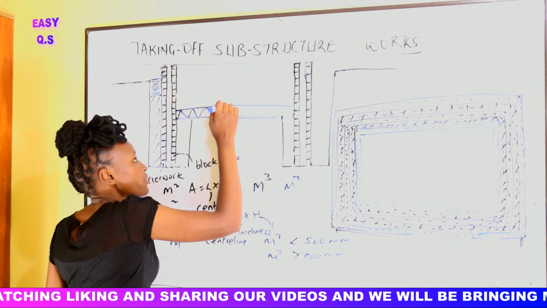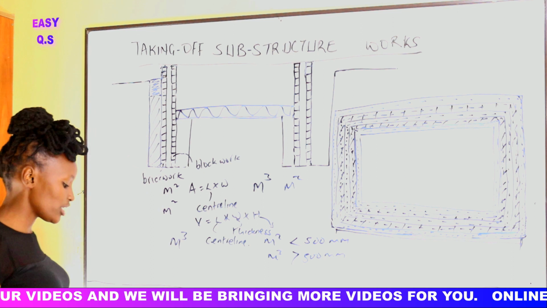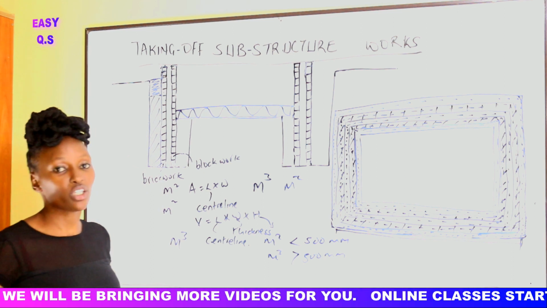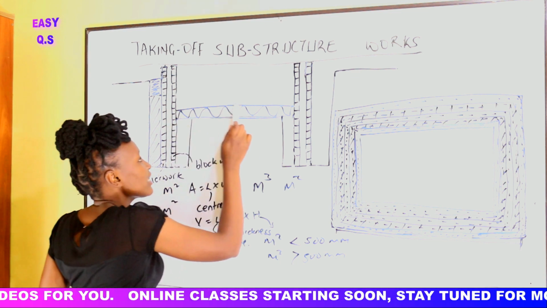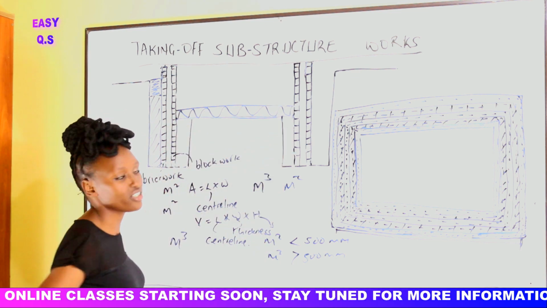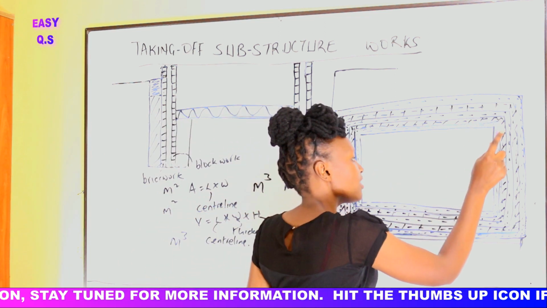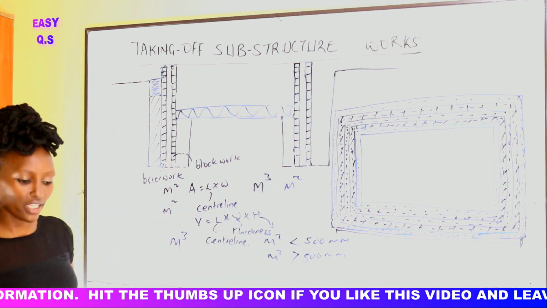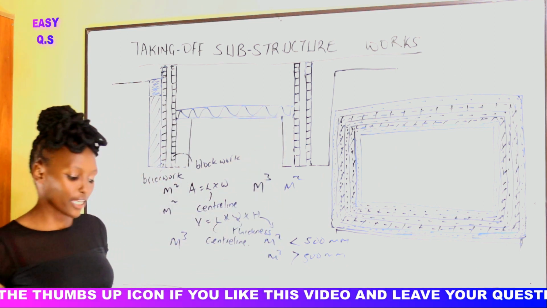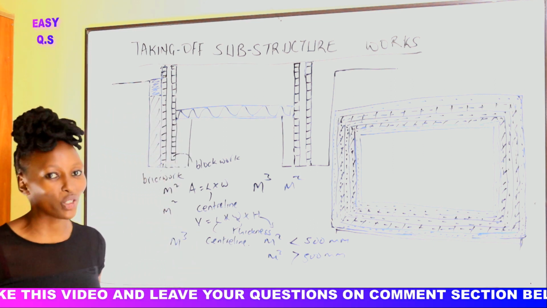So in case we are doing hardcore here, and the NRM states that we should measure hardcore in terms of meter cubic. So it states that we shall take the length and width times the thickness of the hardcore. So if we come to the plan, we shall take the length, the width, then the thickness of the hardcore. That one we're stating it as filling to make up levels with hardcore, usually measured in meter cubed.